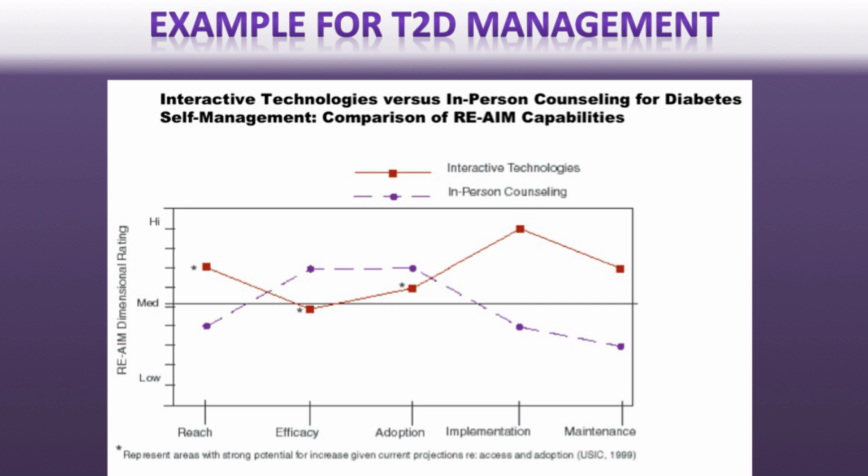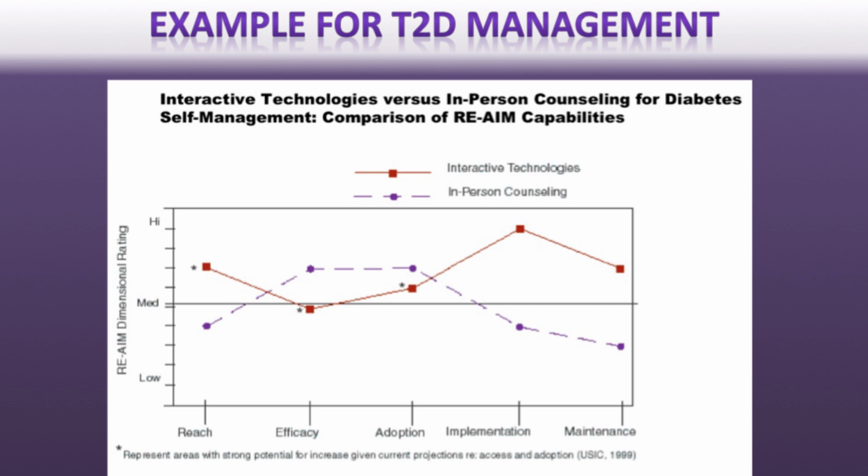Well, the in-person counseling is going to have a lower reach than the interactive technology. Efficacy is probably lower for the interactive technologies. But the truth is that there are certain advantages to some of these platforms that have high reach. So maybe if we did a better job, these technologies can be improved.